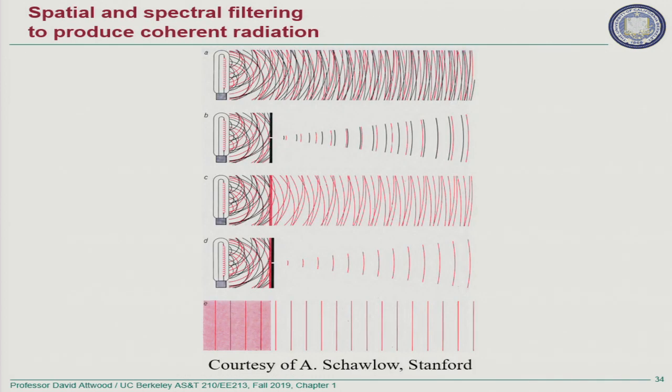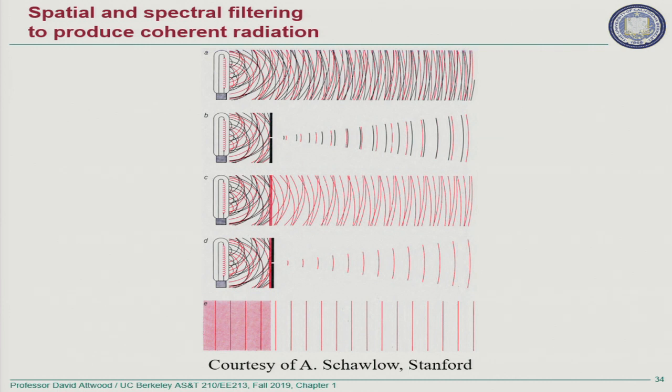So this is a kind of famous figure showing the concept of coherent and incoherent light. On the top we have a light bulb, which is not temporally coherent or spatially coherent. If you put a pinhole, then you can make the light be spatially coherent at a long enough distance. So you can see, at the right edge or the left edge, the waves are almost perfectly vertical, which is like a coherent plane wave.